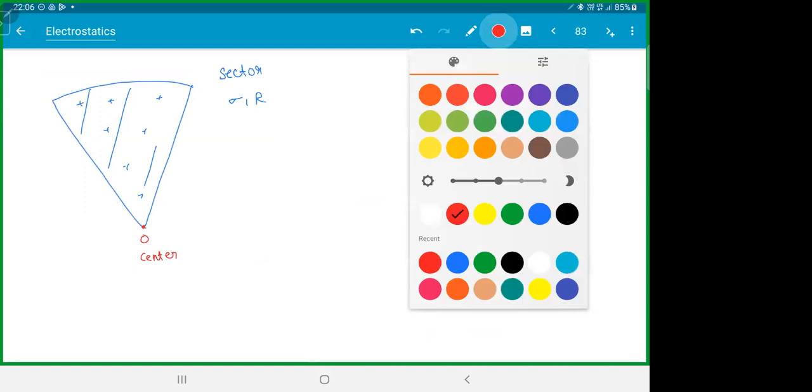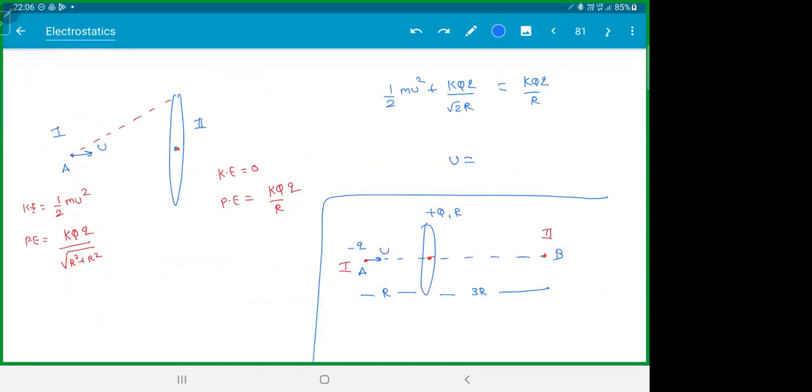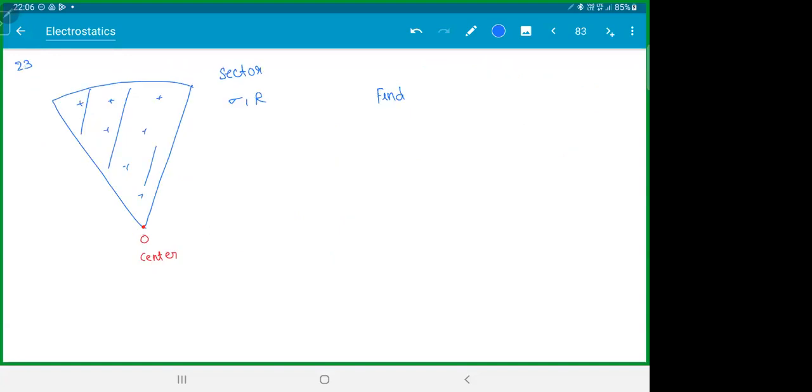Just find the potential at the center. This is a good one. From there, I'll show you something else. Let's try this. How do you find the potential at the center due to the sector? It is like a pizza slice. Try, give it a try. It's a good one. Just give it a try.